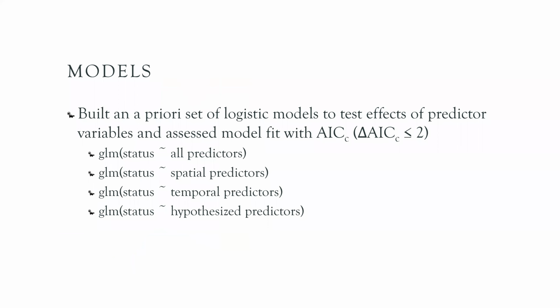I built an a priori set of logistic models to test for effects of these predictor variables. So for each pathogen, I built 4 models, one with all predictors, one with spatial predictors, one with temporal predictors, and then one with just those hypothesized predictors from the chart that I showed you a few slides back.